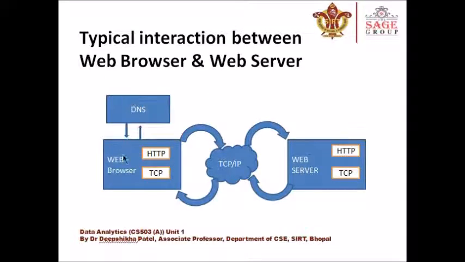So the web browser requests the IP address and the DNS responds with the corresponding IP address of the requested domain name. Then the browser makes a TCP connection with the server computer. Now we are considering that the connection has been established.